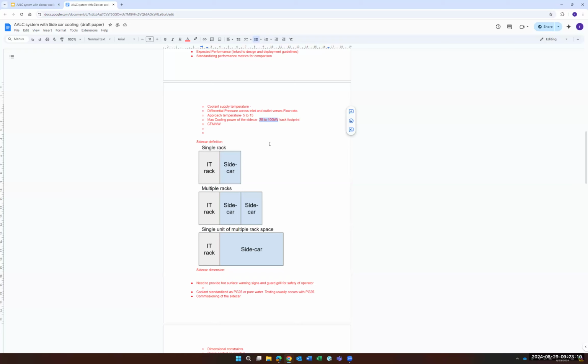So if we could do a kind of market survey and find out what the average cooling capacity is for a single cabinet wide sidecar, then you could put that as the minimum for what a sidecar would do, and then you could say that there are products already on the market that increase the cooling capacity beyond this number by making the sidecar 1.5 or 2 cabinets wide.